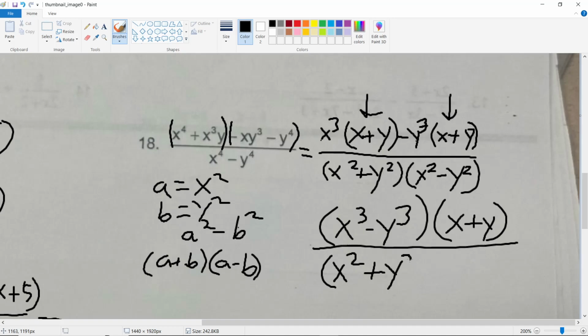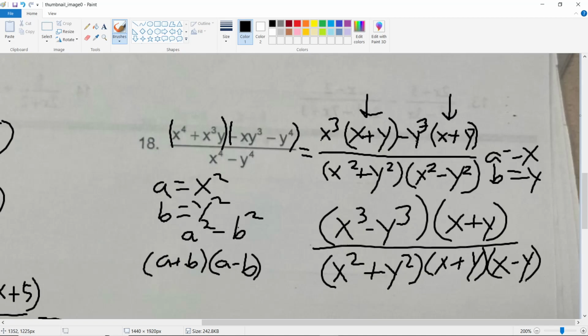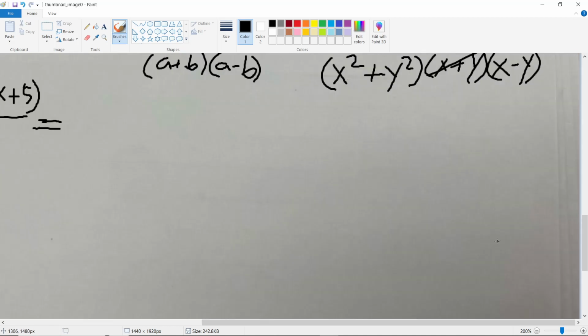That's monstrous. But x squared minus y squared is difference of two squares with a equals x and b equals y. So this is just x plus y times x minus y. Now I'll cancel out what I can. The x plus y's cancel out, and that's it for now.